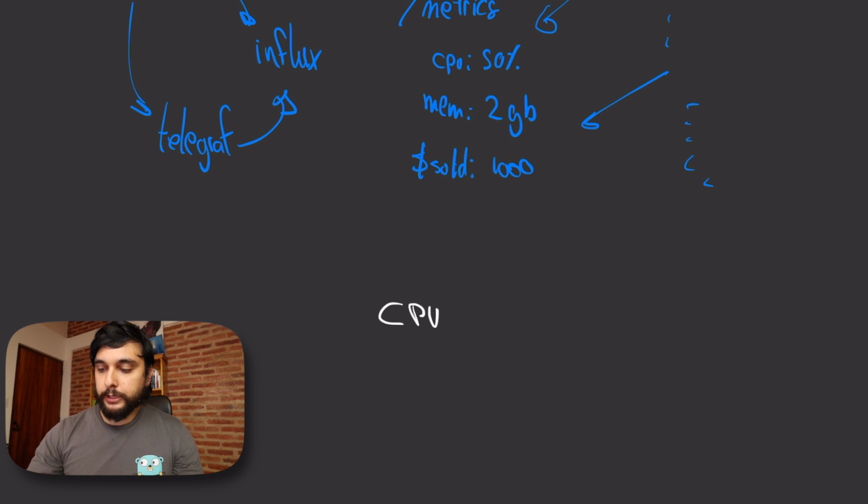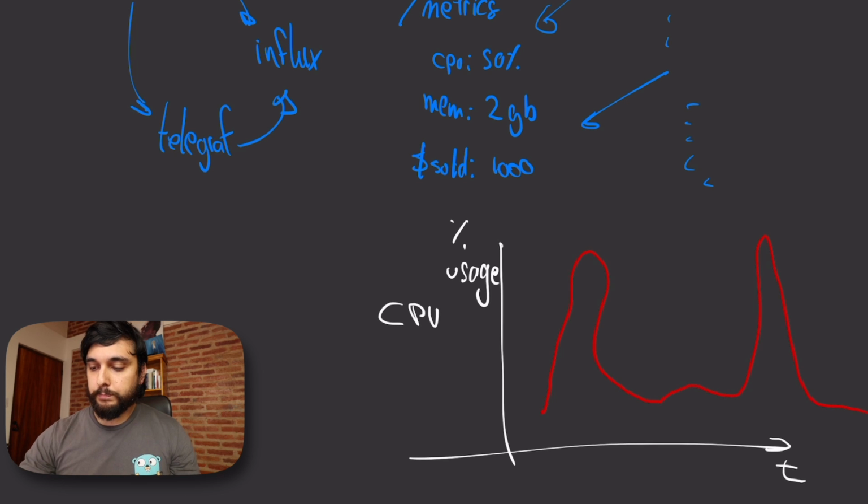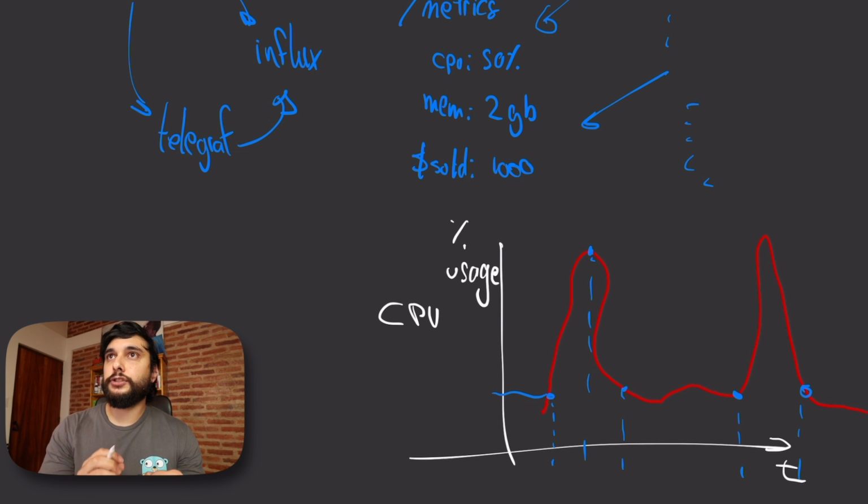I'm going to draw a Cartesian graph, and this is time, and this is the CPU usage. Okay, so you're going to have something like this. Your CPU is going to spike, then come down, then stay calm, then spike again. What Prometheus is going to do is come polling here and get this point. So it's going to sample your data. There's this assumption here that there's a continuous metric that you are sampling at different points.